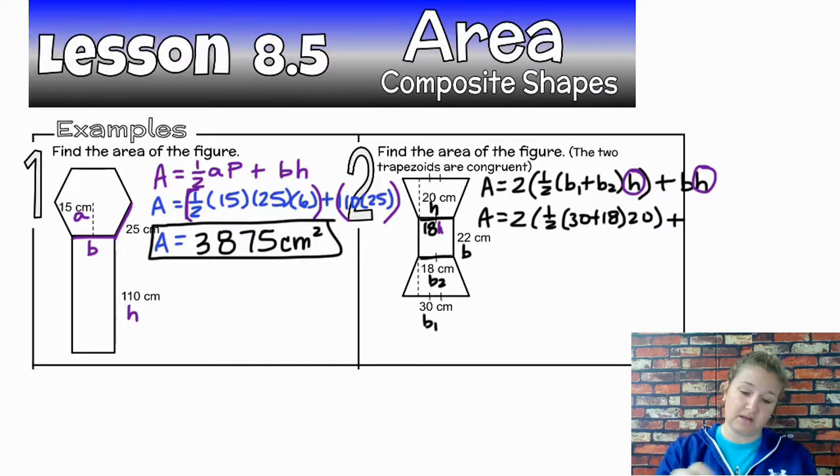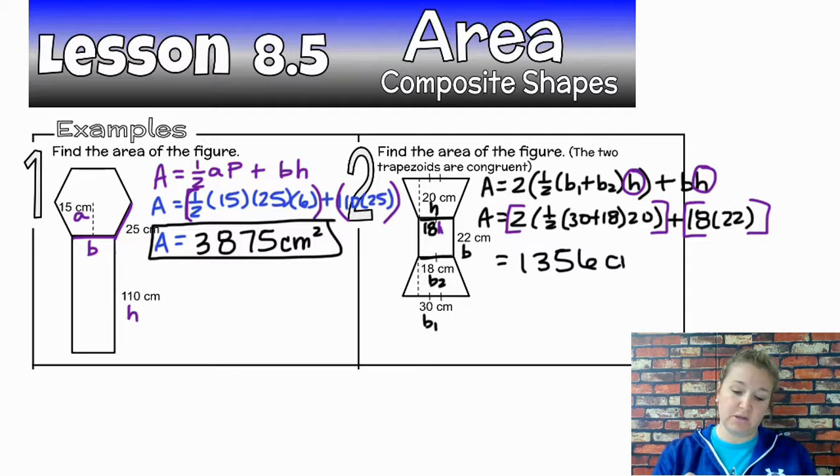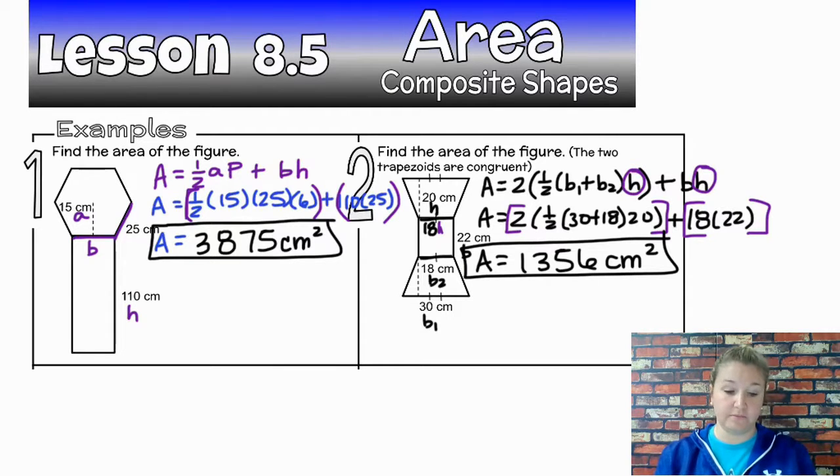That's 18 times 22. Once you put all of that together, remember you can take each piece and then add them. That's perfectly fine. Okay, you would get 1,356, again centimeters squared. So that would be the area there. So again, just adding those up.